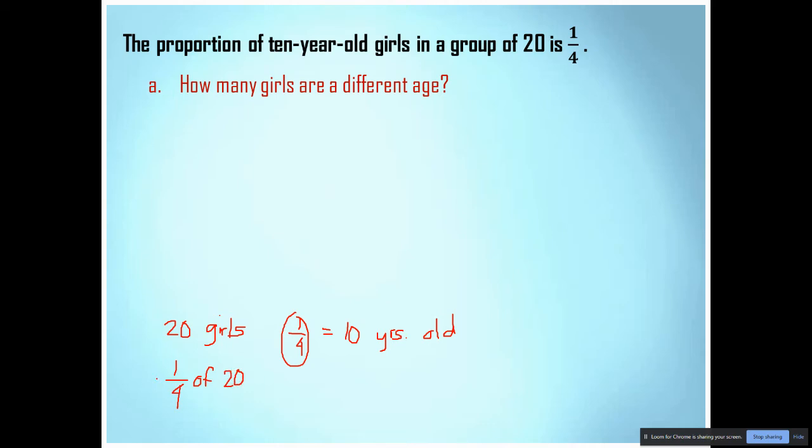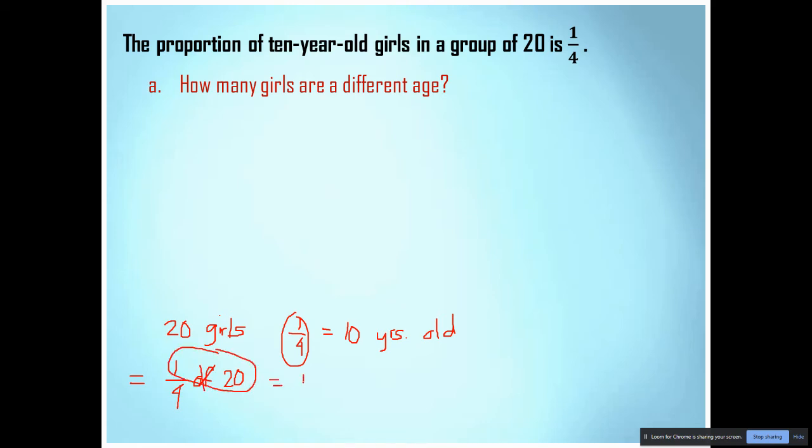This is the planning now. We have identified the problem. Now the planning is we're going to find the 1/4 of 20. So what is 1/4 of 20 here? Again, we will change "of" to times, and then we will multiply this.